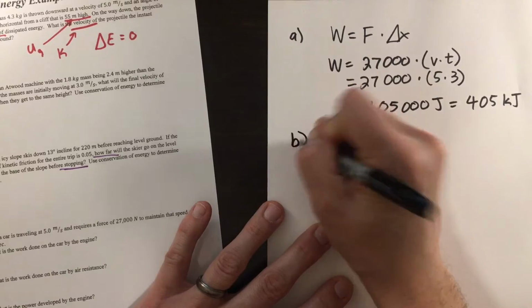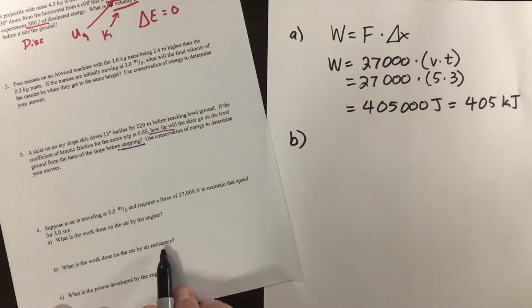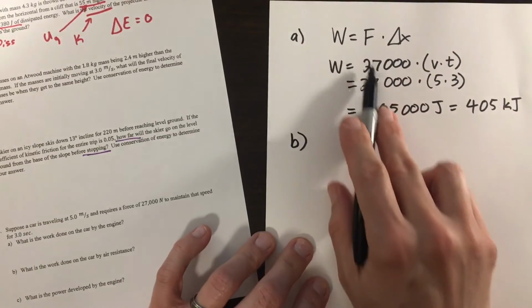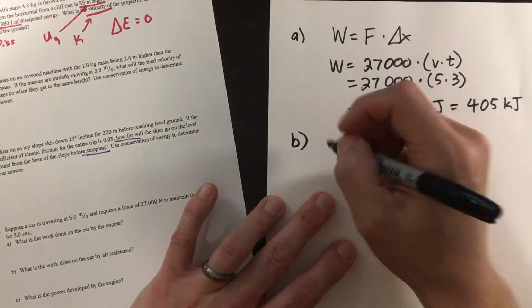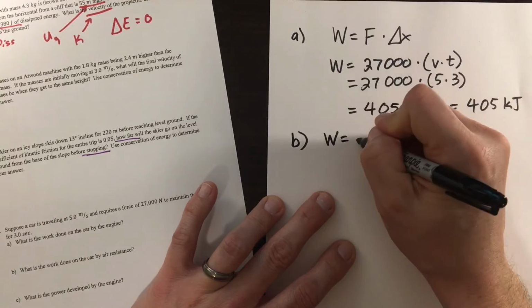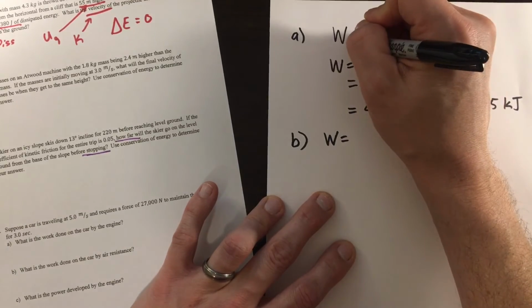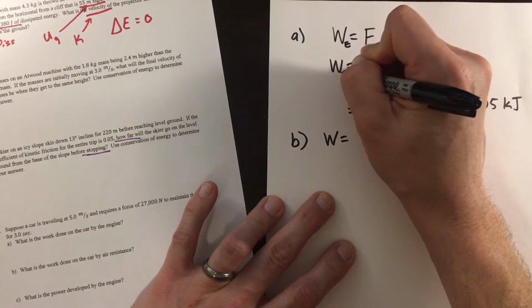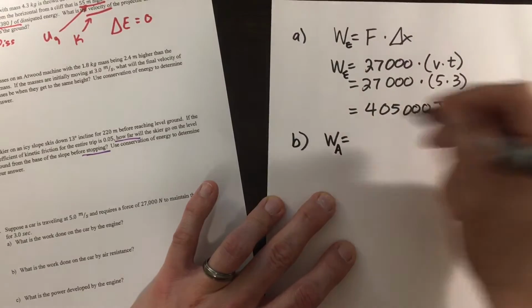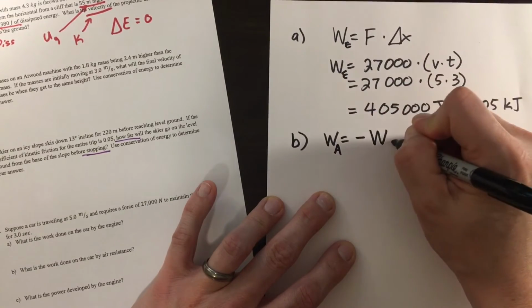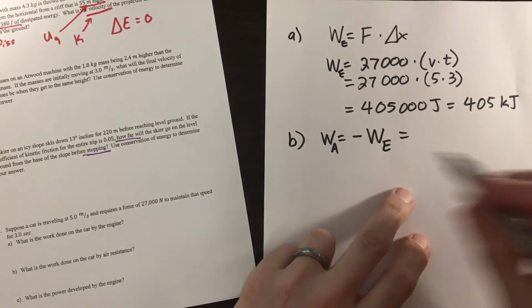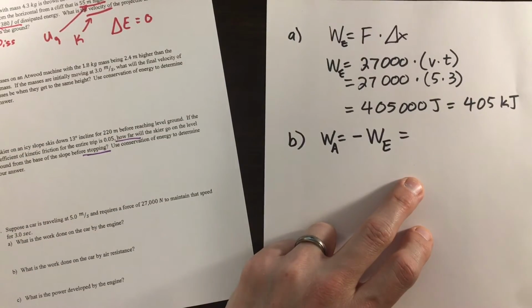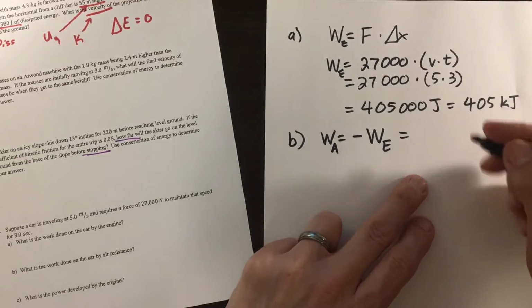Now, the interesting thing is that for part B, we're asked for the work done by air resistance. The force pushing forward is the engine, and the tire pushes it forward, but the air resistance is pushing back on it. So the work done by air resistance is going to be the negative of the work of the engine, because the total work on the system is 0, since we're not accelerating or changing our velocity.